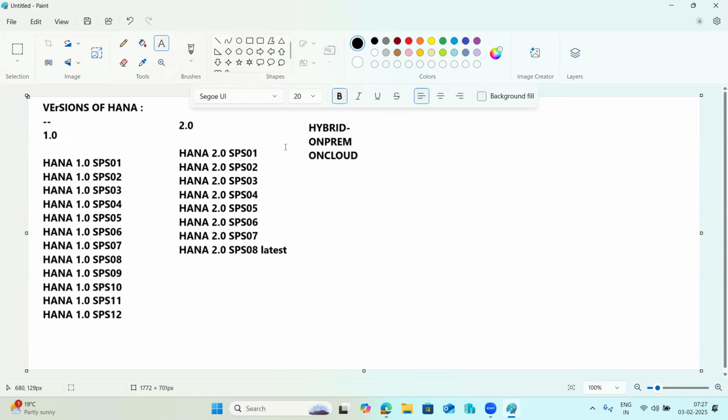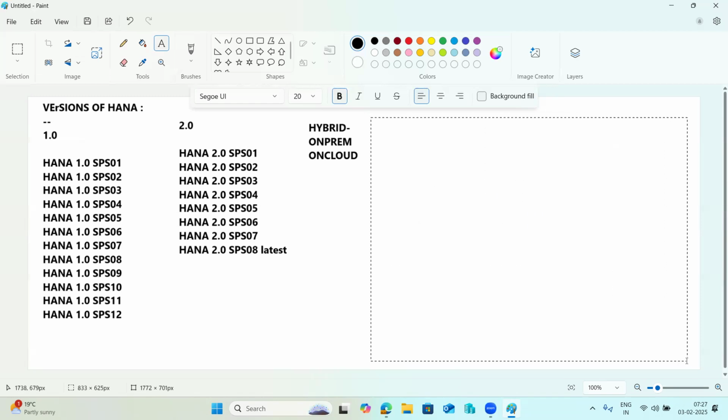Coming to HANA in the market, when SAP released the HANA database into the market, they released different types of editions, HANA editions. Normally, when you release a book into the market, you will not release only one edition, right?